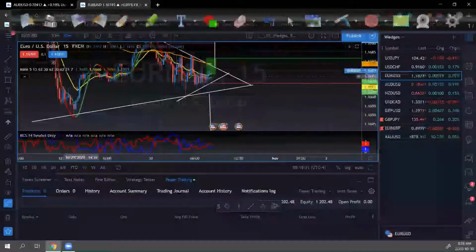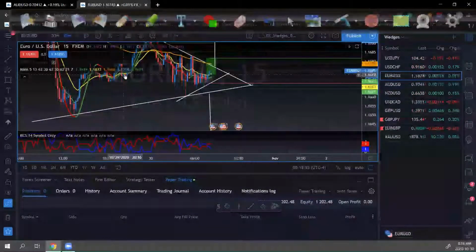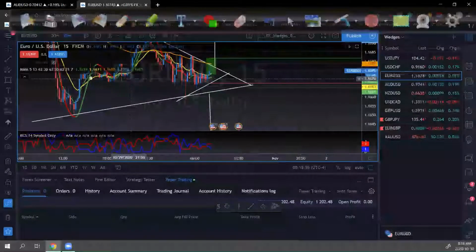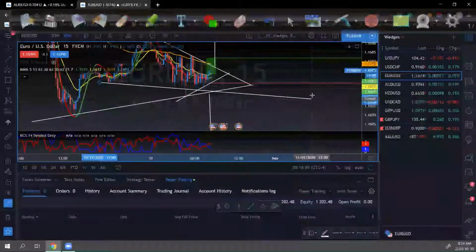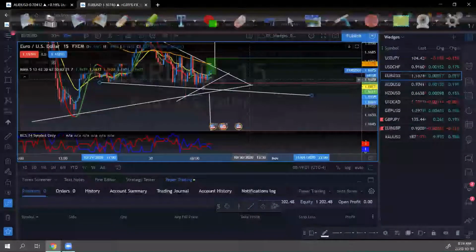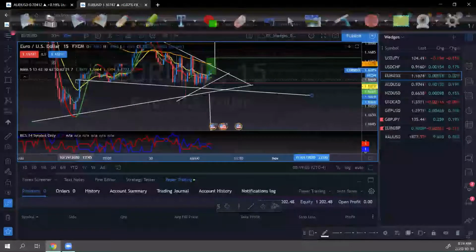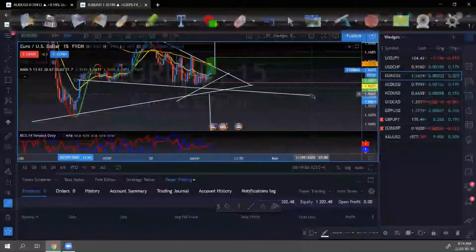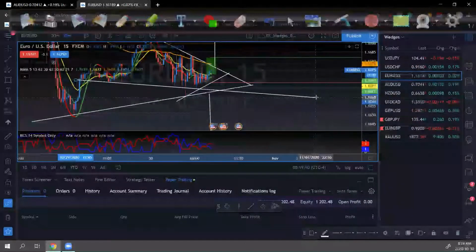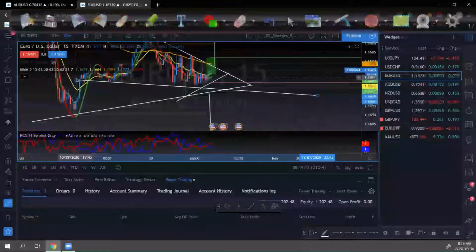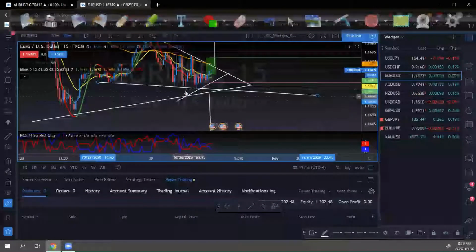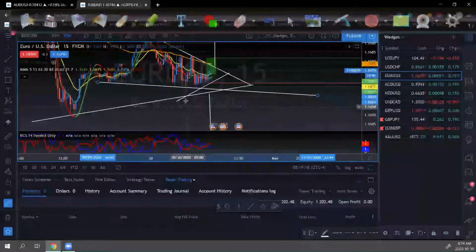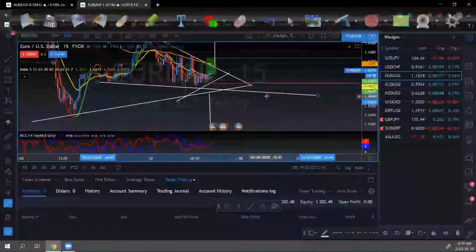I almost like that, even though I'm breaking a big wick. I'm not a fan of that, because that means I'm breaking price at the lower level, and I can't actually trust this line.